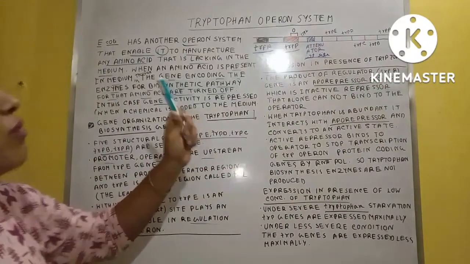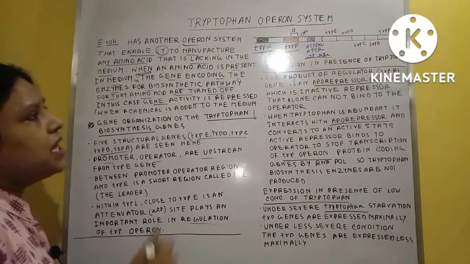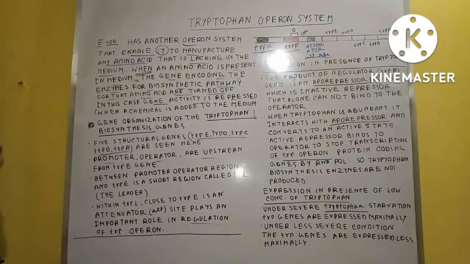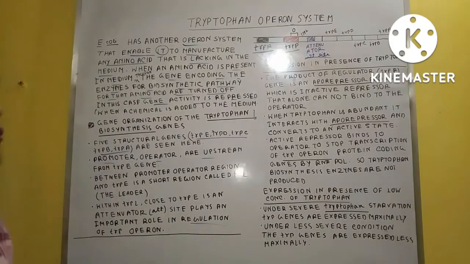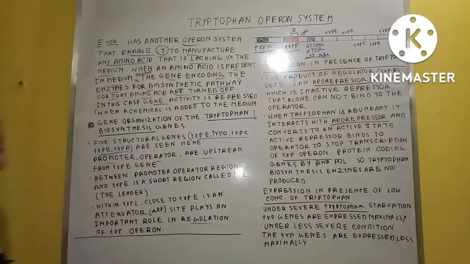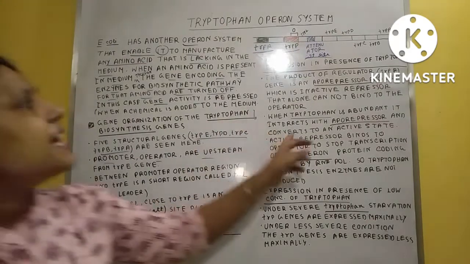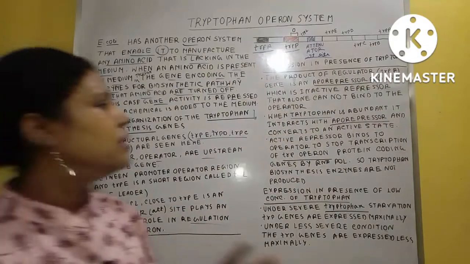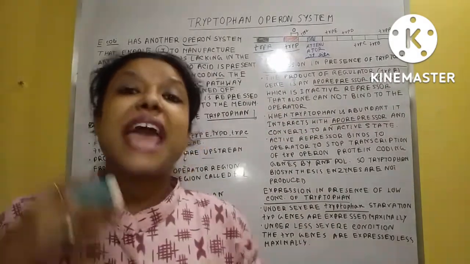That's why it is called the aporepressor protein. You can say it is a totally inactive protein. But when tryptophan is present in the medium, it interacts with the aporepressor, and the aporepressor becomes active.